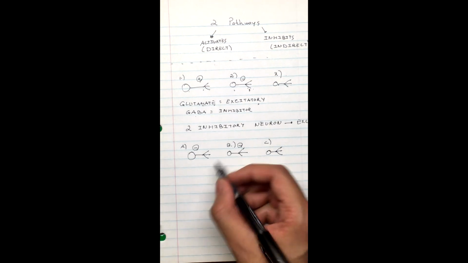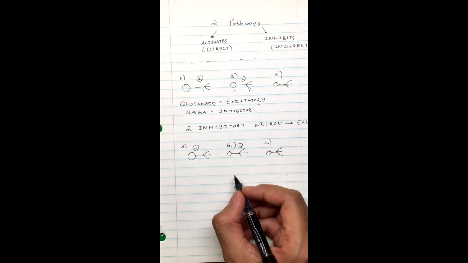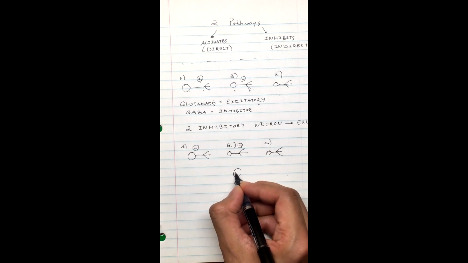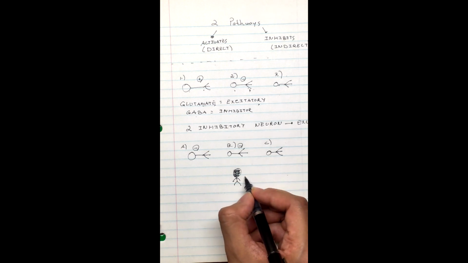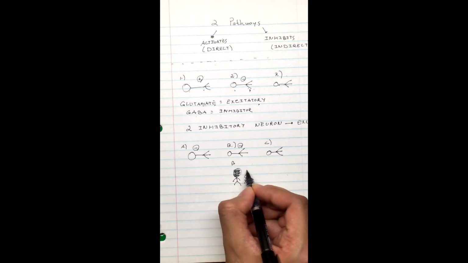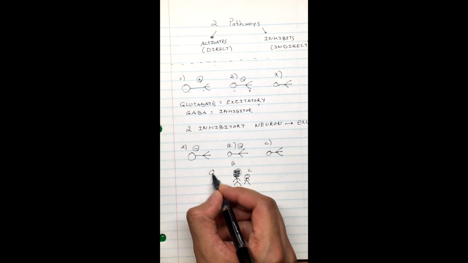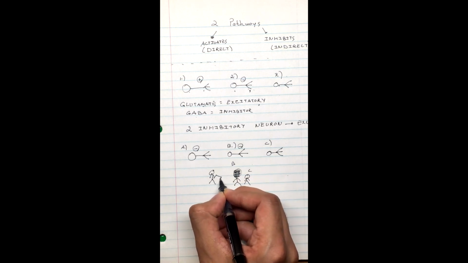Let's suppose B is kind of like a kidnapper. I don't know how to draw a kidnapper. We'll just say this guy has a ski mask. So we have a kidnapper which has kidnapped someone. Think of this as B and think of this as C. C can't run. It can't transmit anything. But let's suppose A is kind of like a police officer or something. We'll just draw him with a gun.